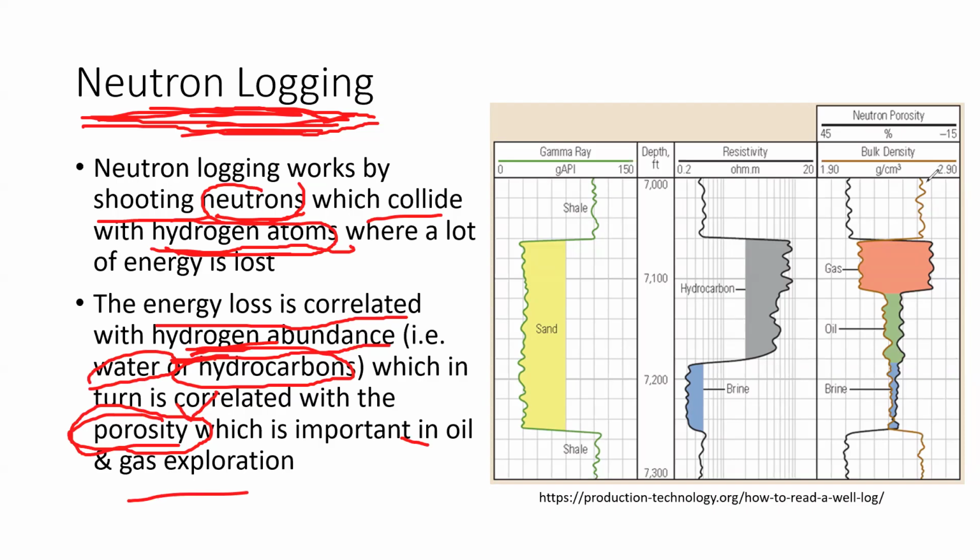You can see here, you have gas, for example, in a relatively porous formation, and then a slightly less porous one with oil, and then brine or salt water.